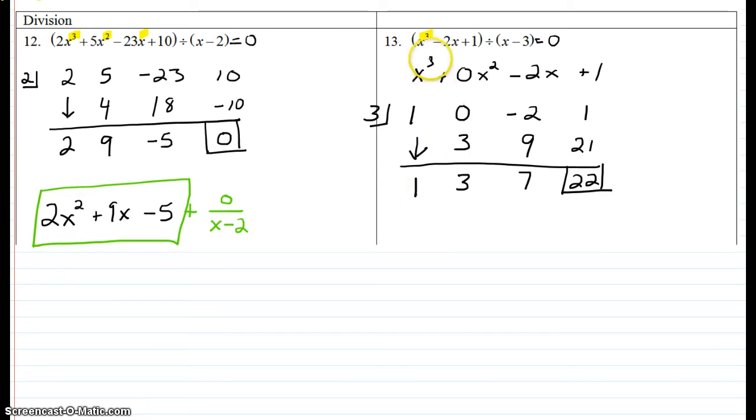So my highest degree is x cubed. So now this becomes 1 x squared plus 3x plus 7, and it's a positive, so it's going to be plus 22 over our divisor, which was x minus 3. Rewrite that 22.